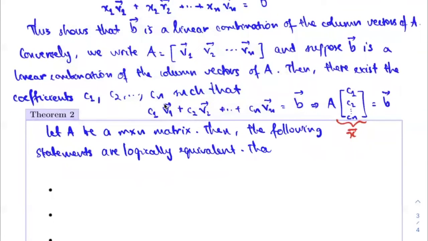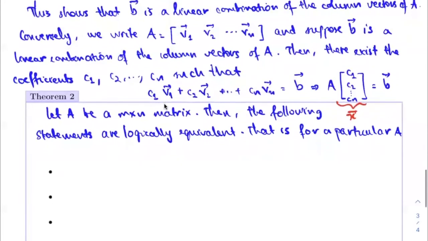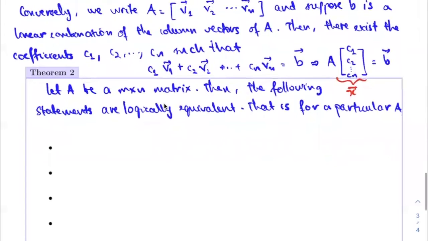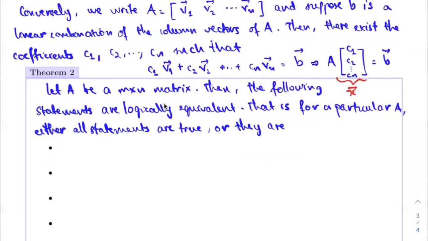That is, for a particular matrix A, either all statements are true or they are all false.